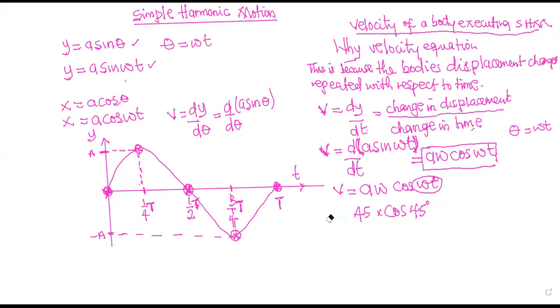So when you differentiate displacement along the vertical with respect to time, this is what you must have. The velocity will be equal to its amplitude times angular velocity times the cosine of the angular displacement. Please, this is the velocity equation with respect to time.